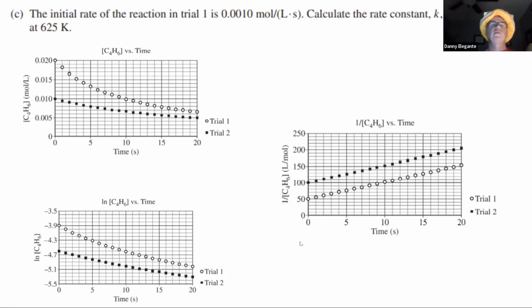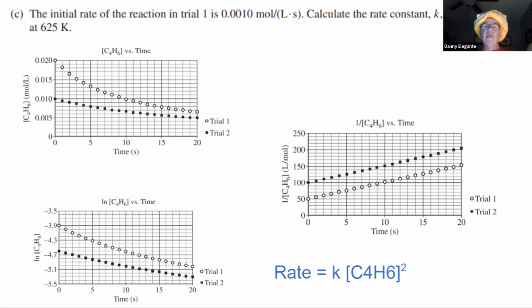All right. The initial rate is 0.0010 moles. Calculate the rate constant. So how do we write a rate law? Rate is equal to k times the reactant raised to some power. We know the power is 2 because you already said it was second order.